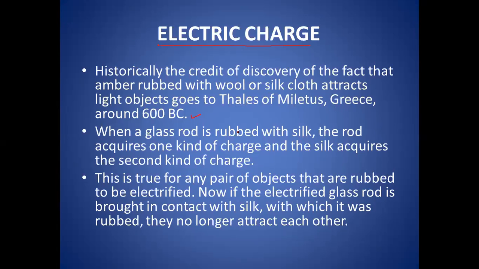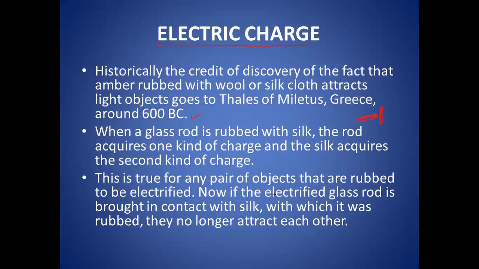When a rod is rubbed with silk, the rod acquires one kind of charge and the silk acquires the second kind of charge. Suppose this is the rod and it is rubbed on the silk; the rod and silk get different kinds of charges. This is true for any pair of objects that are rubbed to be electrified.